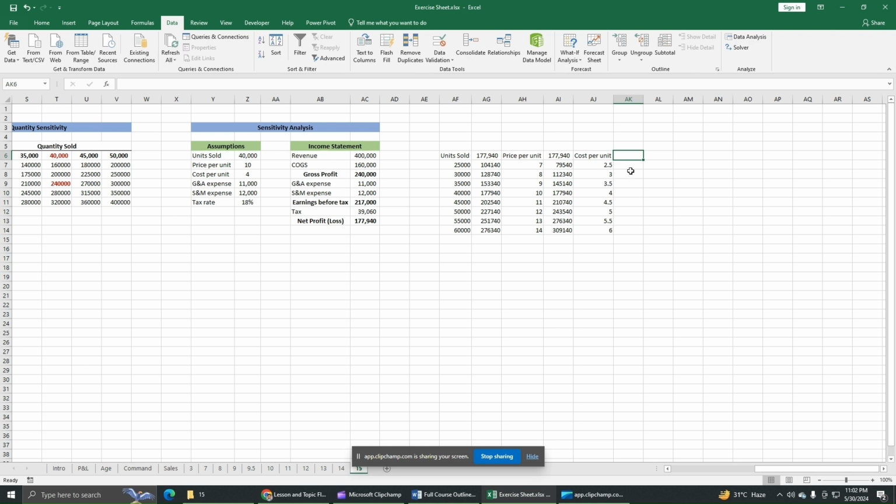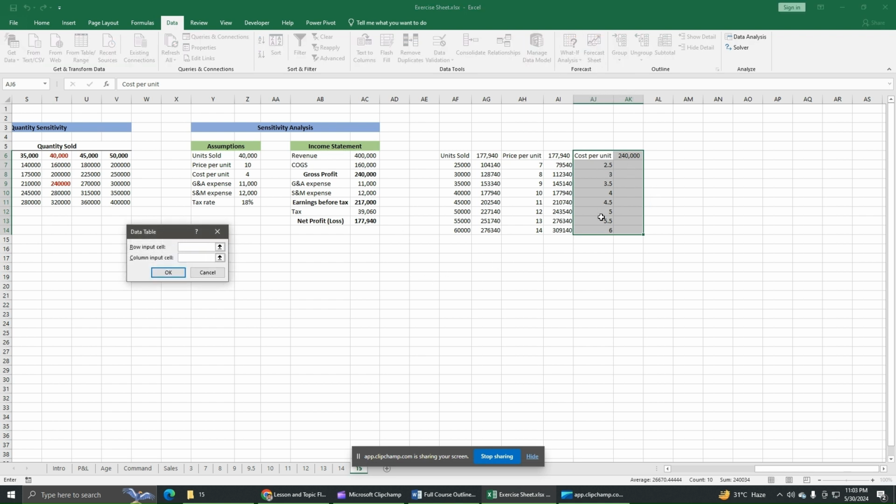Here I don't want to see revenue now. I want to see different costs. For example, gross profit. What will be the gross profit for different costs? So I'm selecting equal to, then gross profit. Gross profit is here. Selecting the data, data menu.